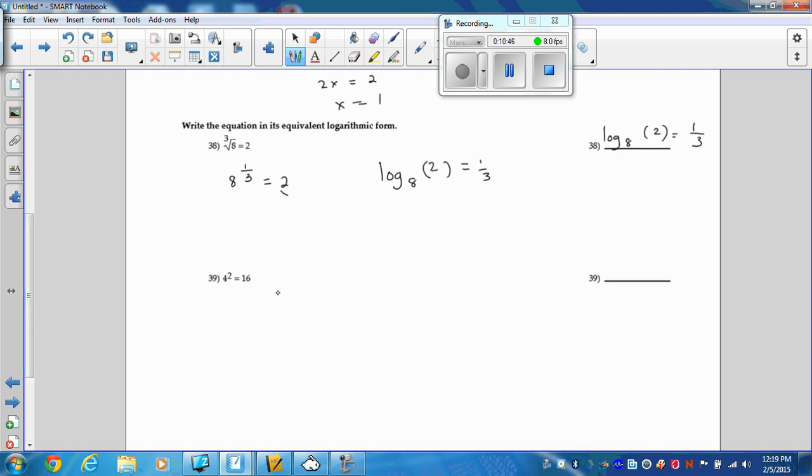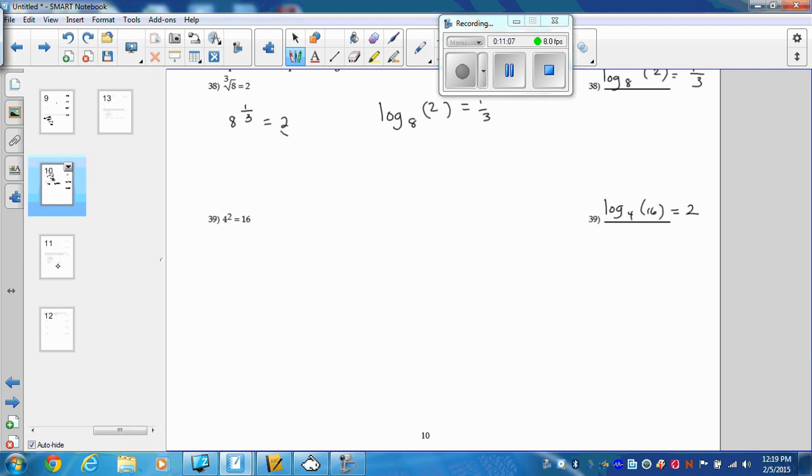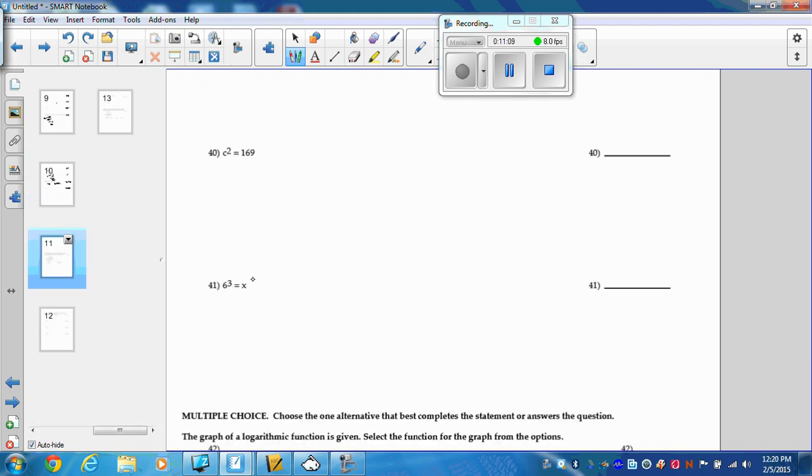In this one, it's going to be log base 4 of 16 equals 2. This is my answer. This is what I'm taking the log of. Okay, in 40, same directions.